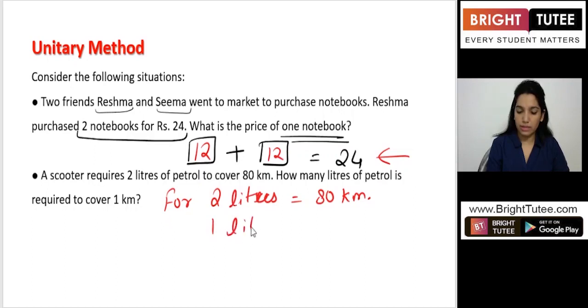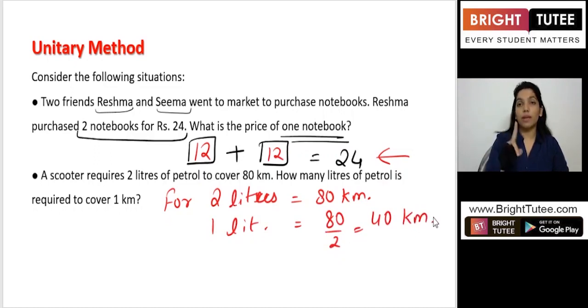For 1 liter, it will be 80 over 2, that is 40 kilometers. But here it is not asking what distance he'll travel in 1 liter, we are not asking this. He is asking how much petrol will be needed to cover 1 kilometer.